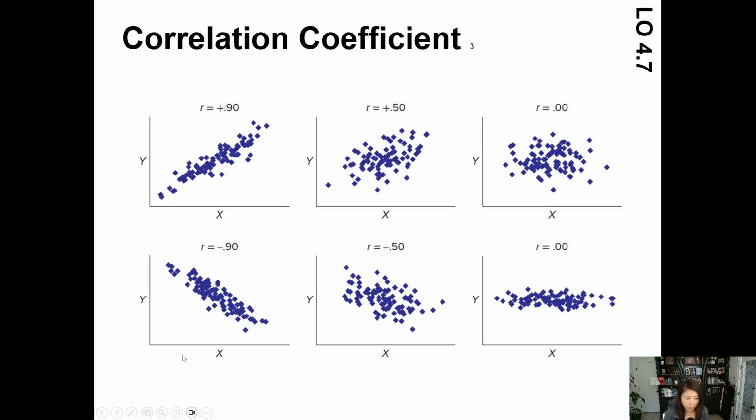The first one under the second row is a strong negative relationship. The second one is a weak negative relationship. The last one is no relationship. That is how your correlation coefficient relates to the scatter plot. Like I said, with the scatter plot, you can definitely tell positive or negative relationship, but having the correlation coefficient with strength will make your analysis more robust.